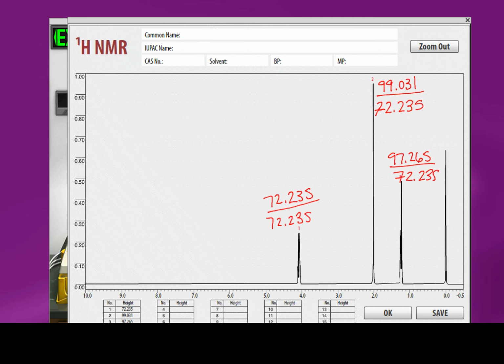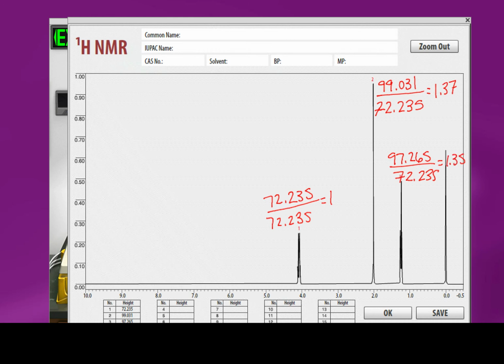Okay, so get out your calculator, plug those values in. For this first one, we of course just have 1. For the second one, this comes out to 1.37. And for this third one, we get 1.35.